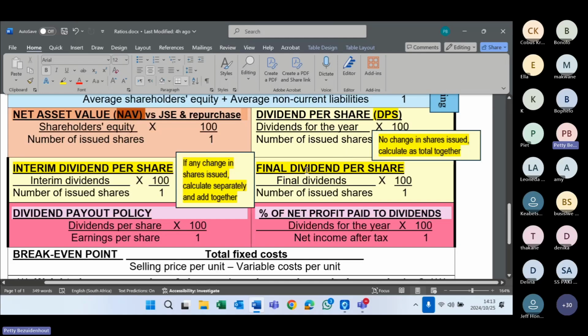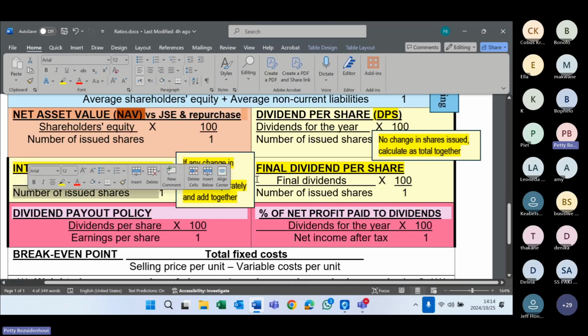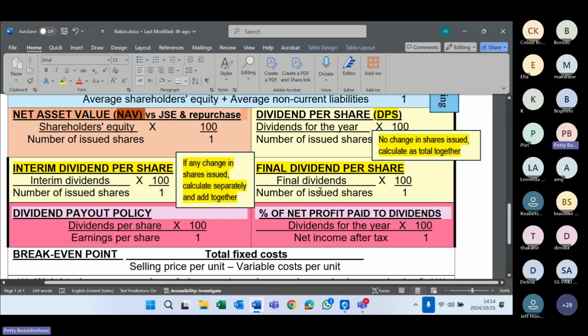They rather ask you to calculate the total dividends per share, so we're not using that one. Normally they will either give you the interim or the final one, and you have to calculate the other one. The difference between these answers, if you calculate them separately, is because of the movement on shares. At the point in time when we pay the interim, there can be a different number of shares in issue than at the final dividends at the end of the year.